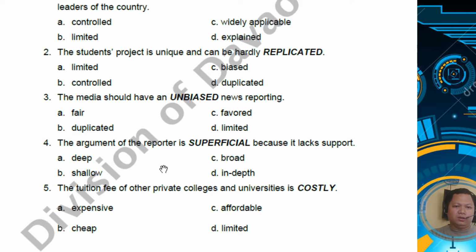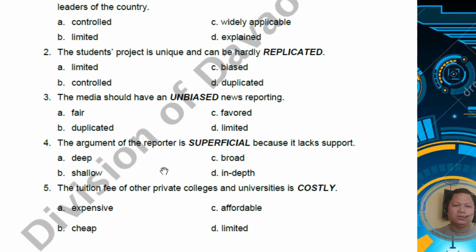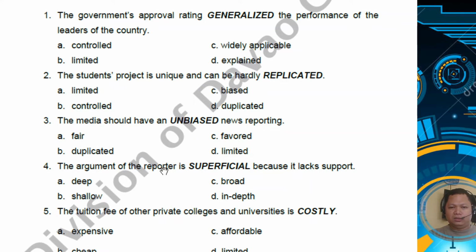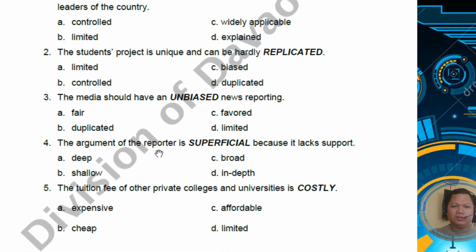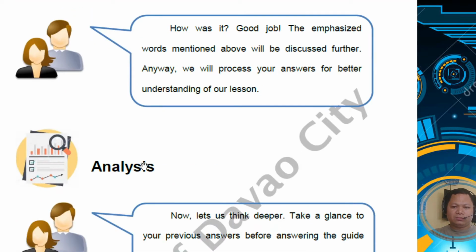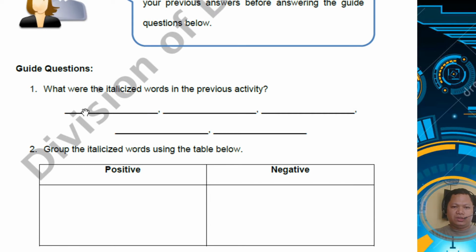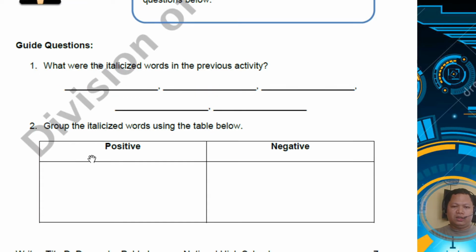So in all of these exercises, are you all correct? Have you been able to get the correct answer in these exercises? Okay, now let's proceed to our next activity. For the guide questions, you just write here the positive and negative in your activity.